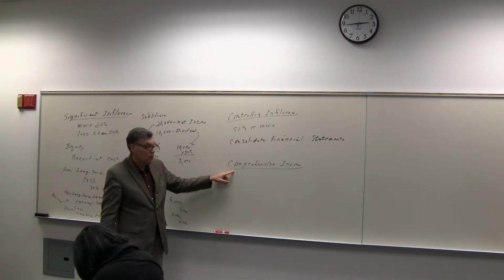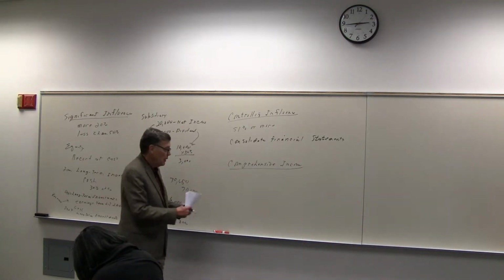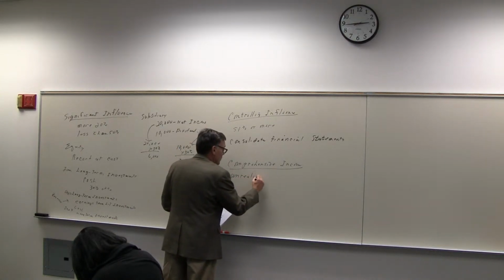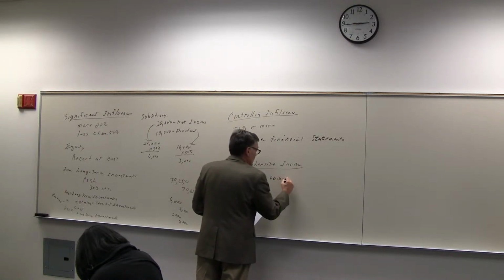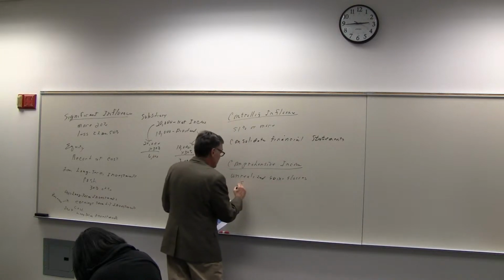They won't show up in the income statement, right? But they are considered part of comprehensive income. So you have unrealized gains and losses from available for sale.